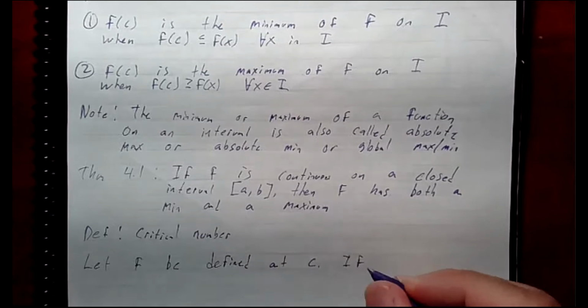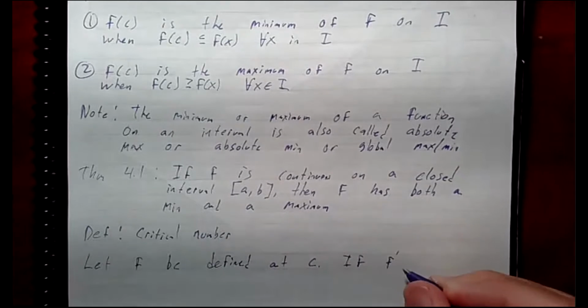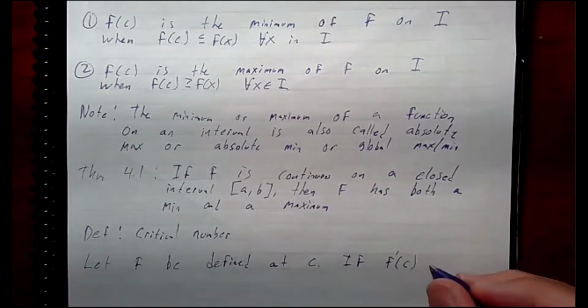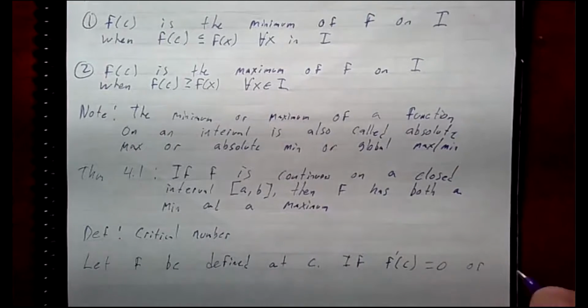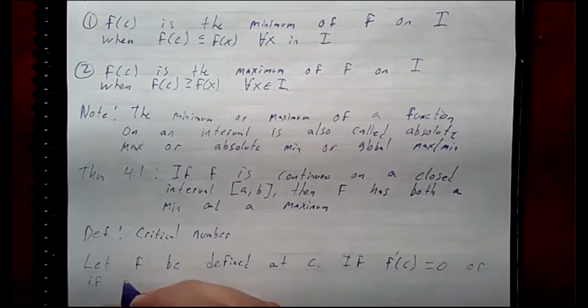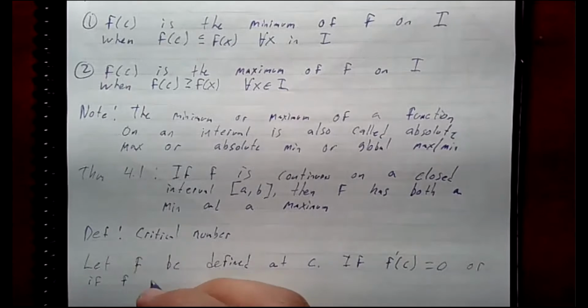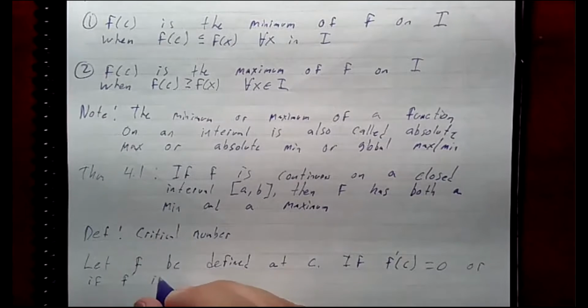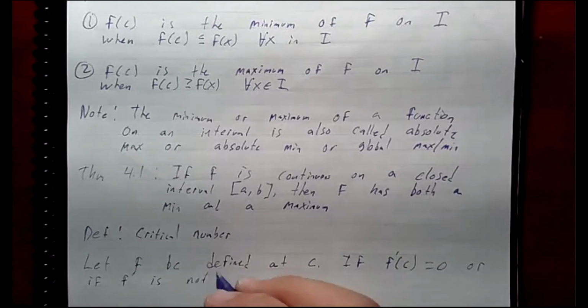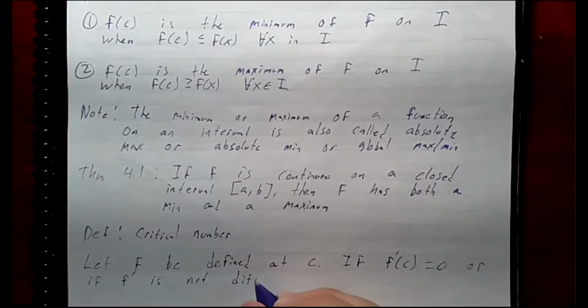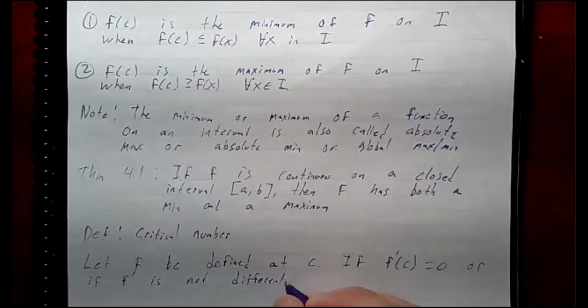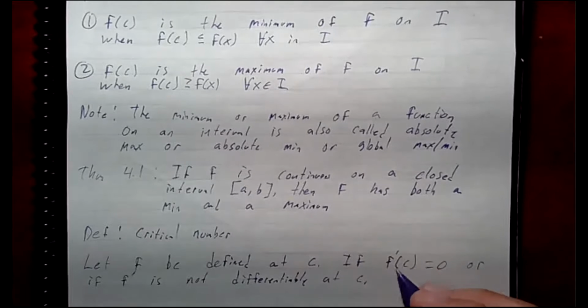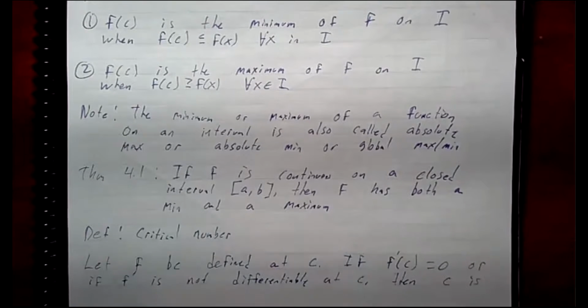If f prime of c is equal to 0, or if f is not differentiable at c, then c is a critical number.